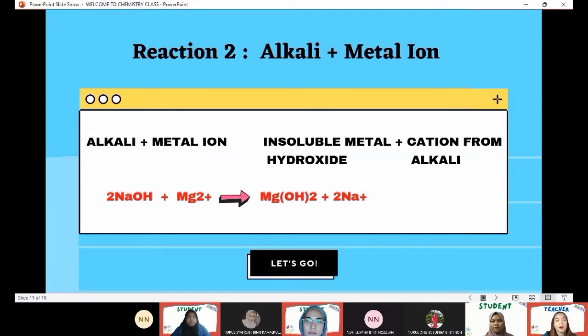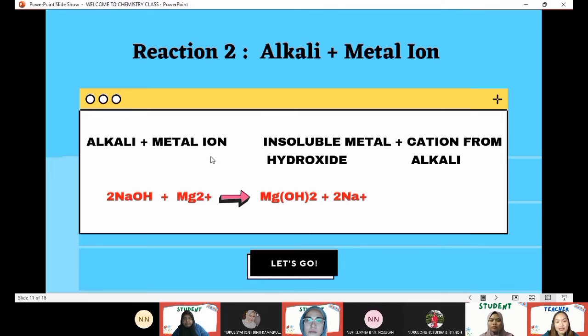we look at the reaction between alkali and metal ion. The reaction between alkali and metal ion will produce insoluble metal hydroxide and the cation from alkali. For example, I have sodium hydroxide reacting with magnesium.